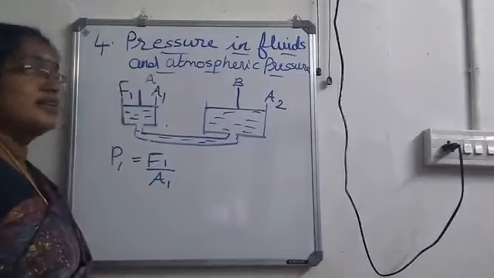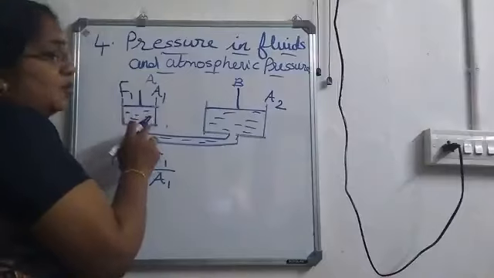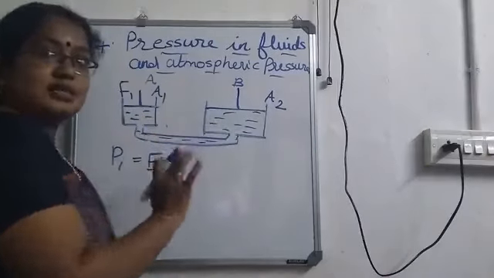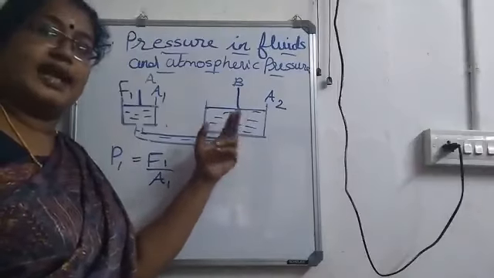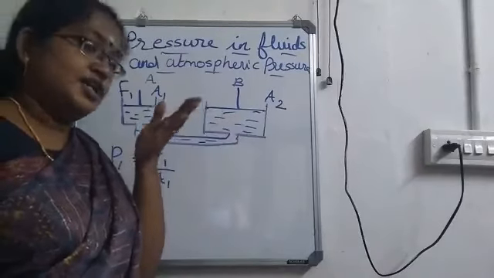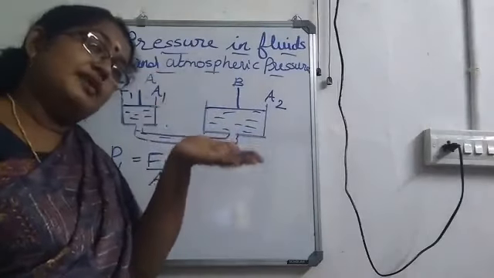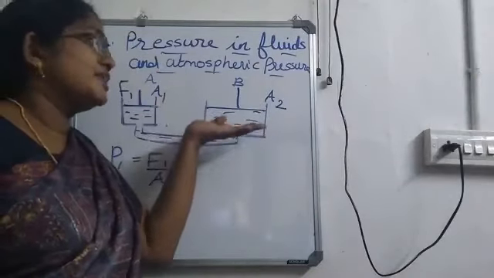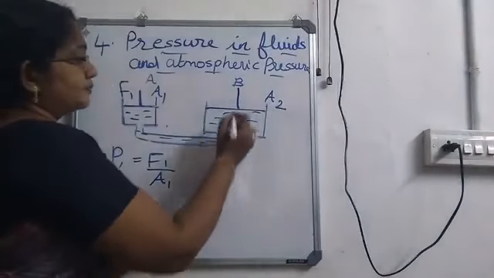So a pressure is developed there, and according to Pascal's law, this pressure gets distributed equally. This pressure is carried by the liquid and reaches here, and due to this pressure, the piston of cylinder B gets raised. What about the force?